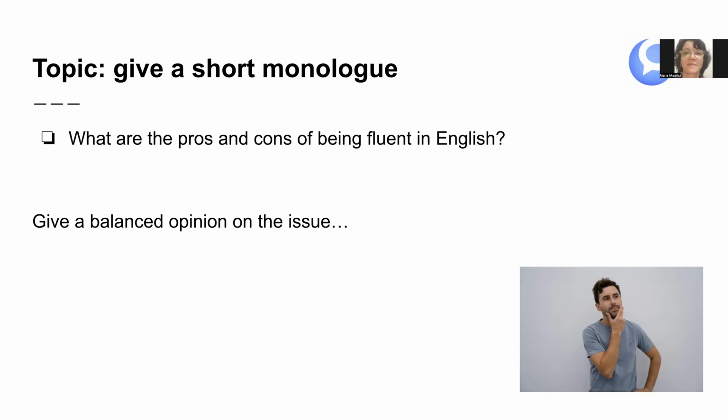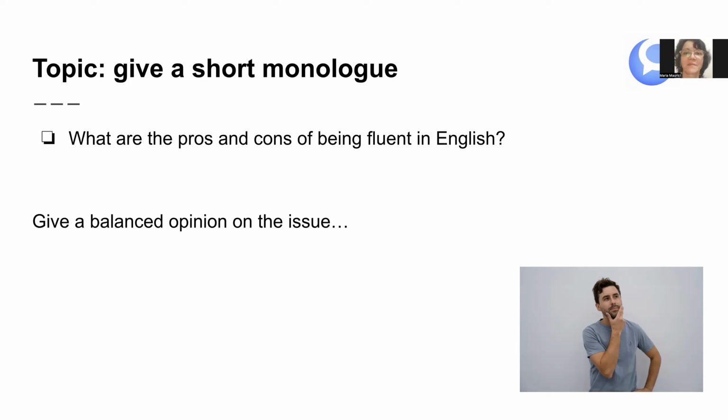I'd like to talk about the benefits first. The benefits could be improving your life. It definitely can improve your life, because you can get in contact with people, you can travel, you can understand others, and so on and so forth.